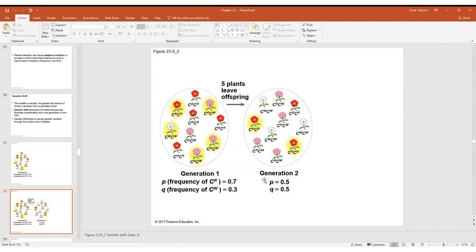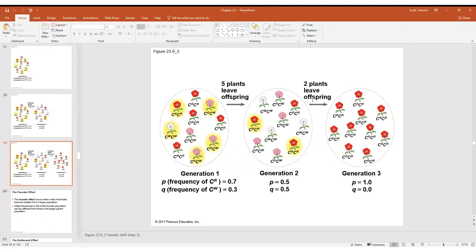We're assuming this happened at random. And then in the next generation, maybe only 2 plants were able to leave offspring. And so this is a small proportion of the population, in other words, a small sample of the population.